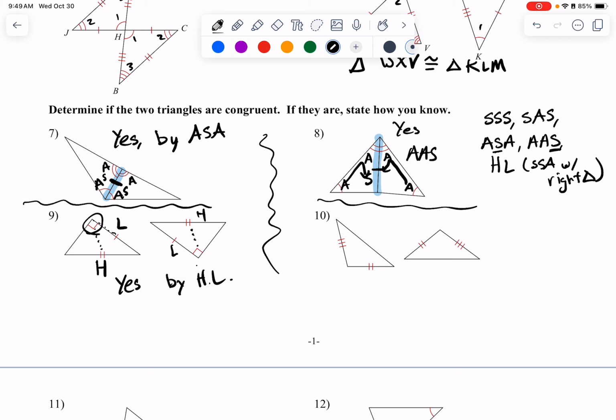Remember that hypotenuse leg is really angle, side, side or side, side, angle depending on which direction you go. And it's one of the few cases that you can have congruence. So side, side, angle only sometimes has congruence, and it depends on some of the side lengths or if it's a right angle.